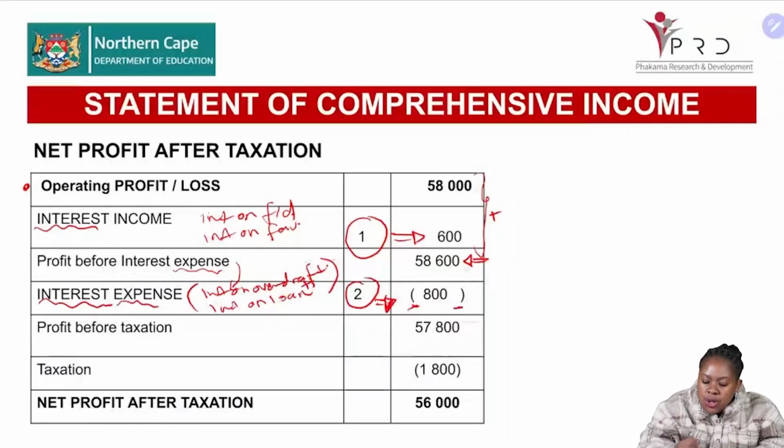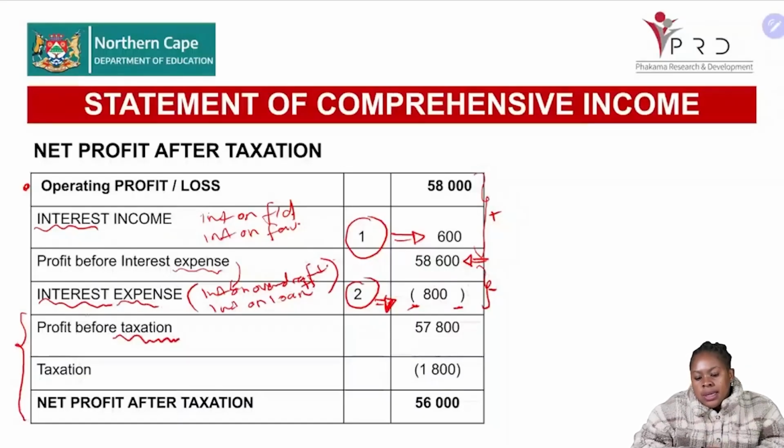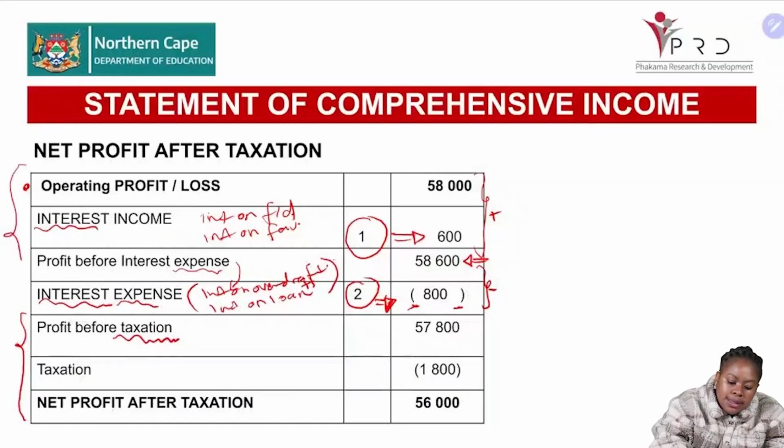Then we continue going down, saying that the profit before interest expense, and we subtract our interest expense to get our profit before taxation. Now, this is the new part that is being added in the grade 12 content. From grade 10 and 11, you've just been dealing with the income statement until here.